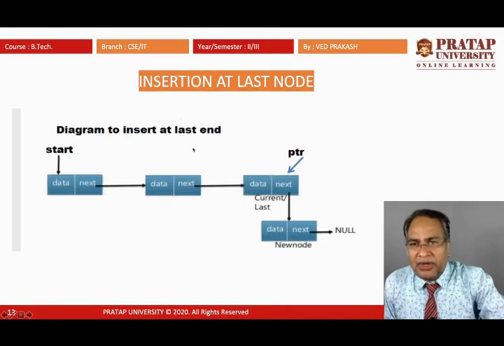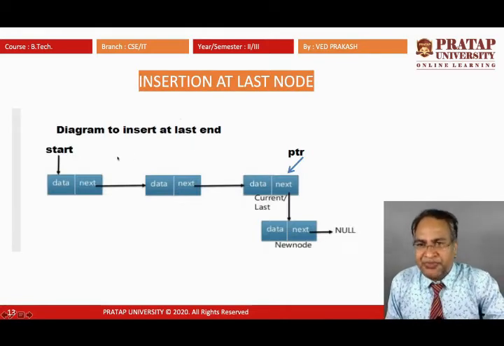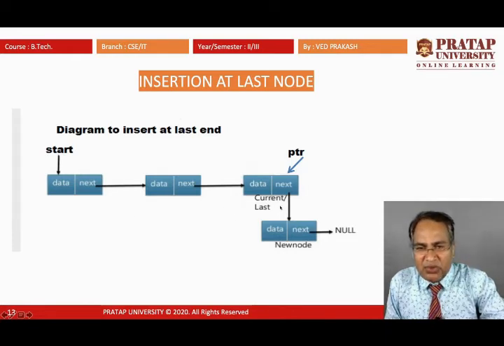So that is the algorithm or process of inserting an element at the beginning, or the first node, of a linked list. Next is insertion at the last node. This is our given linked list. Our aim is to add the newly created node after this last node. So when we want to perform this process, we have to reach the last node.